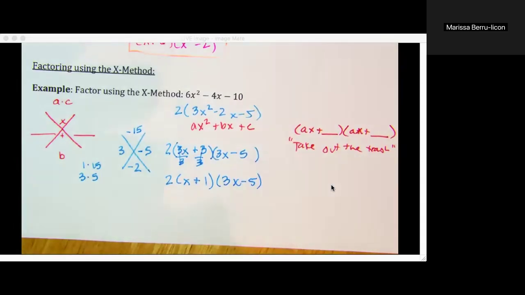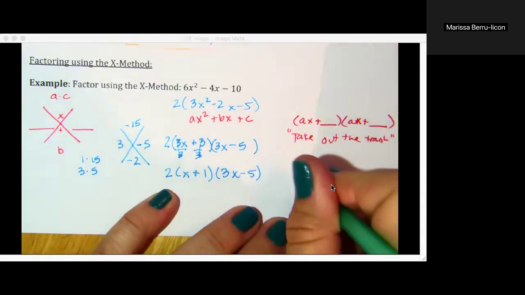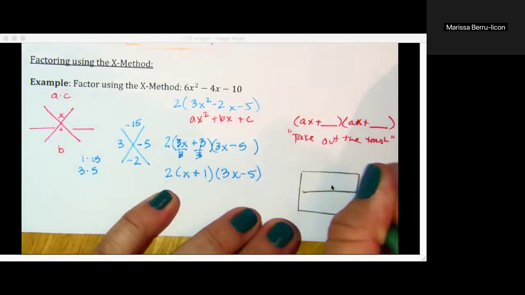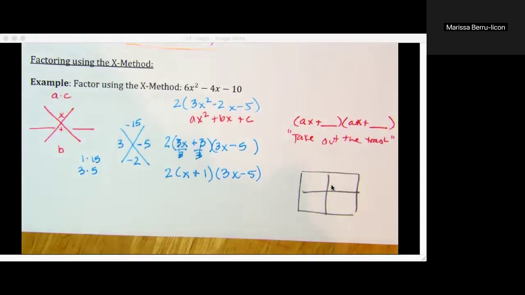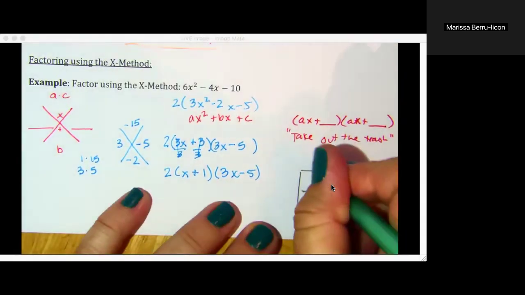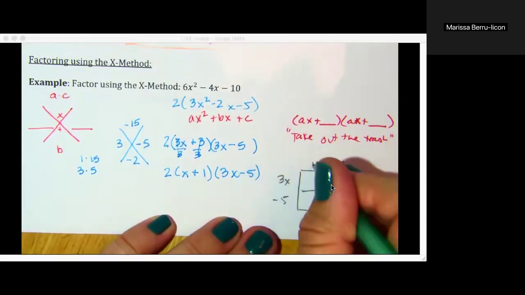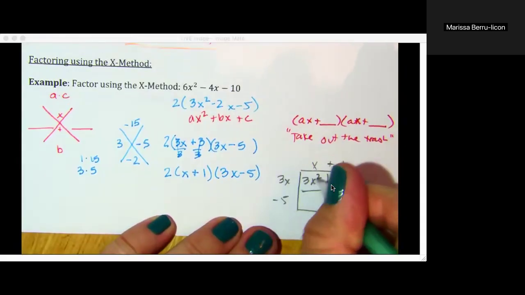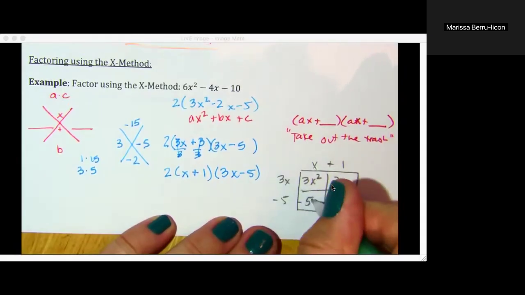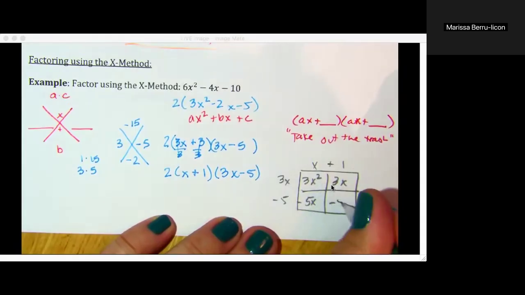Now, the nice thing about factoring is you can always check your answer. The easy way to check your answer is either FOIL or the box method, real quick, to make sure that you did it correctly. So I can multiply x plus 1 and 3x minus 5. 3x times x is 3x squared. 3x times 1 is 3x. x times -5 is -5x, and -5 times 1 is -5.